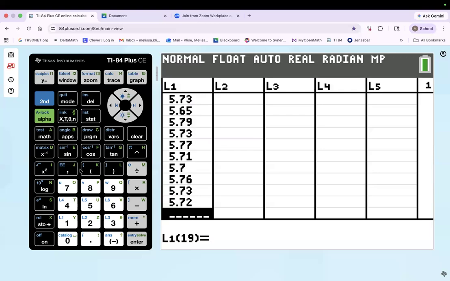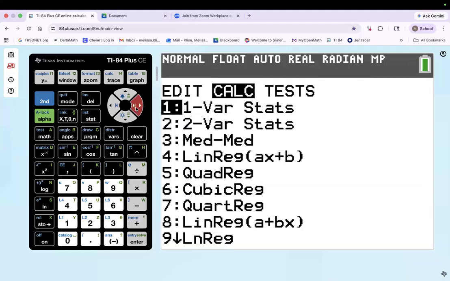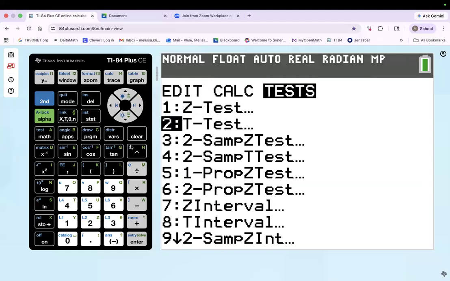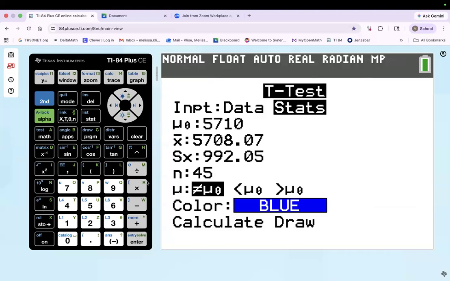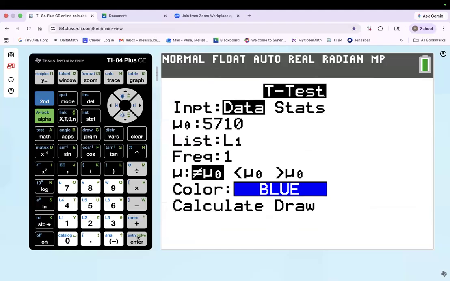Okay, once again, click on Stat, go over to T-Test. I want data. The mu naught right here, we have to type that in because it doesn't know what our null hypothesis is.